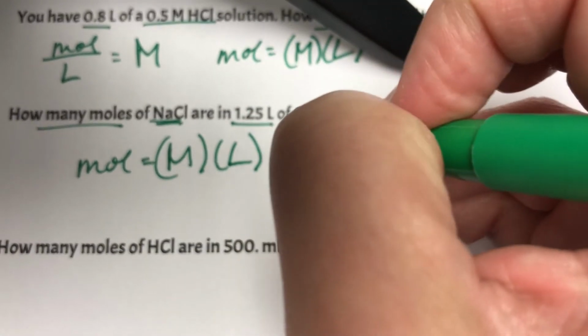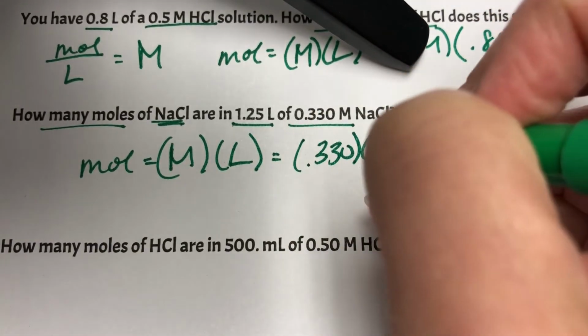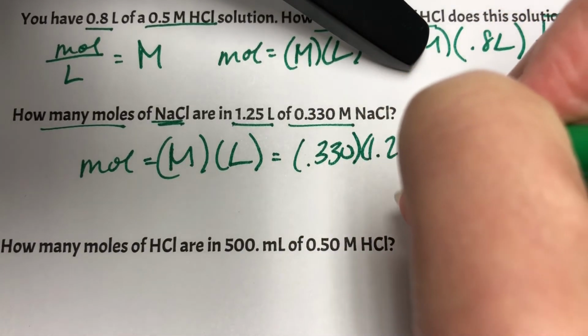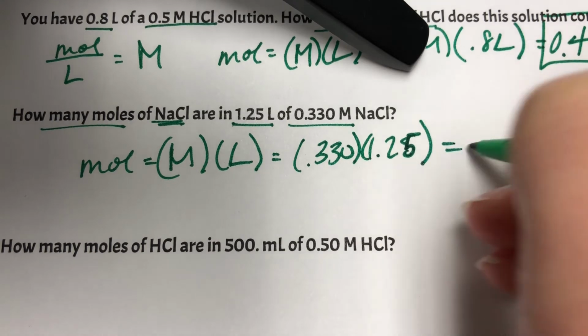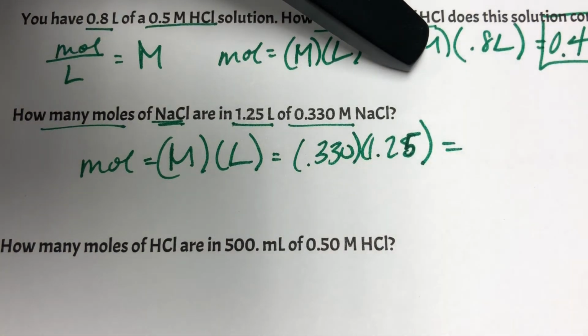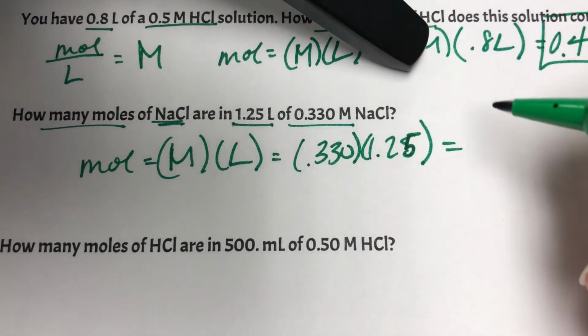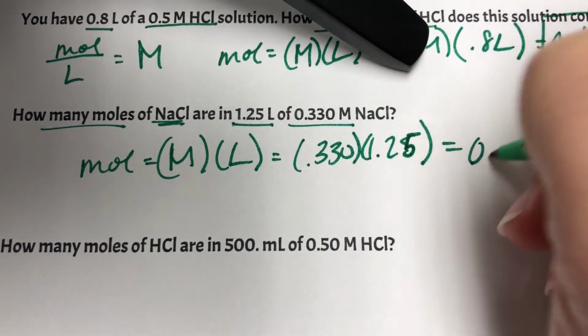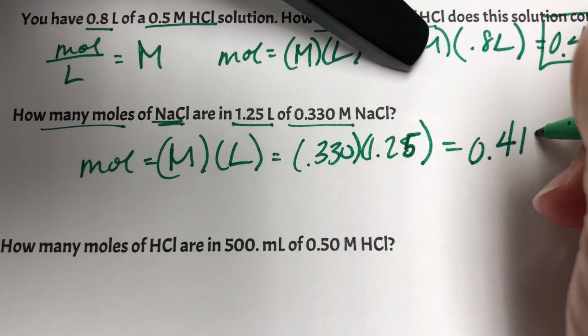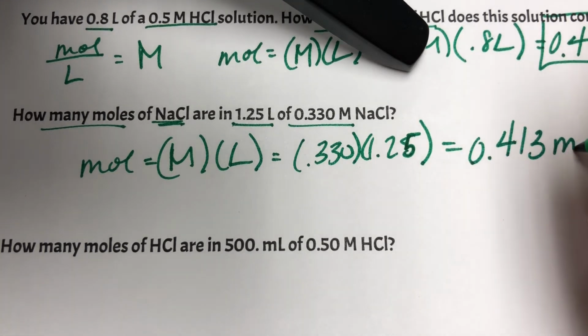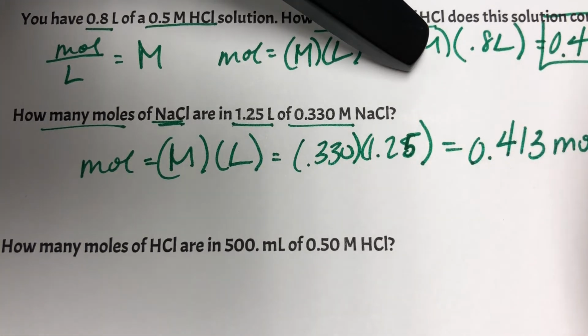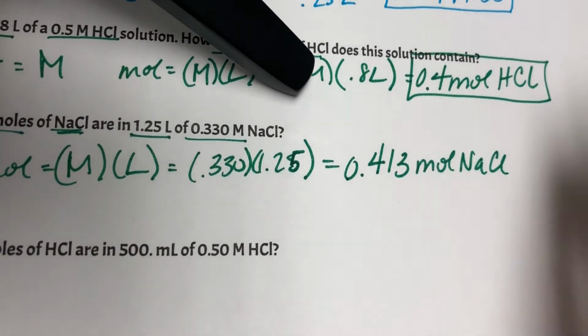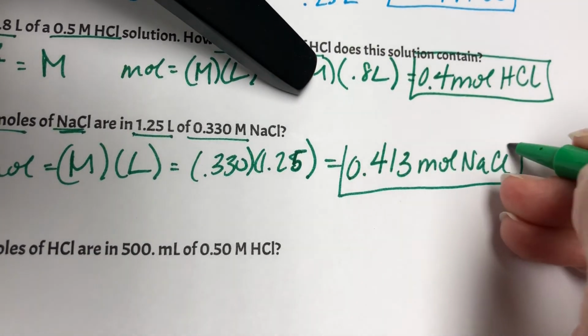So I'm going to do 0.330 times 1.25, which is the same as 1.25 times 0.330. And I get 0.413 moles of NaCl. Okay, so there is my final answer.